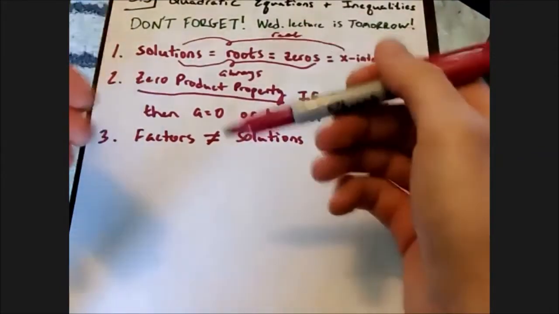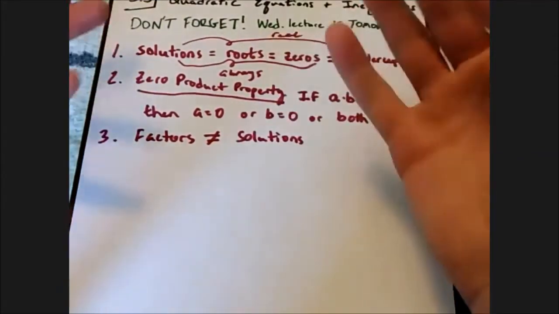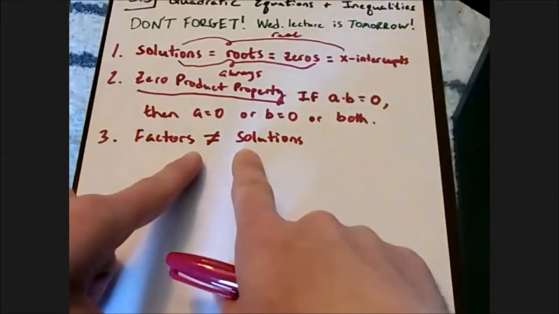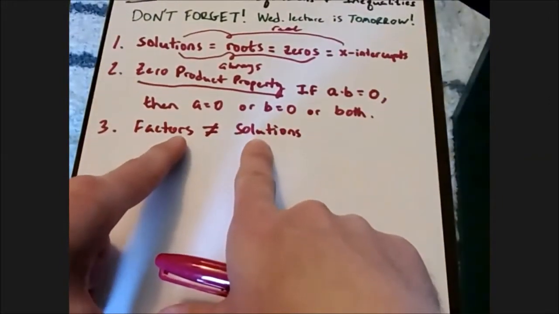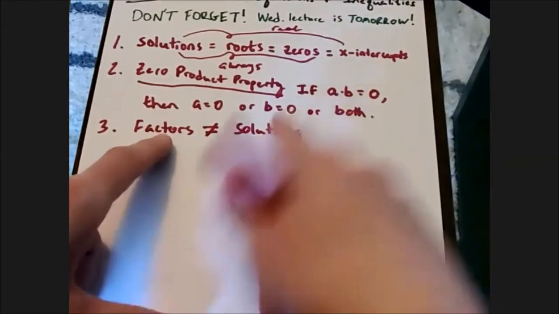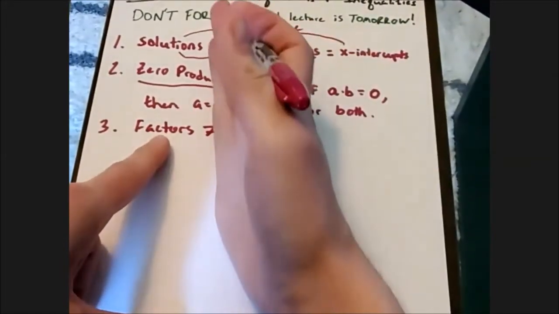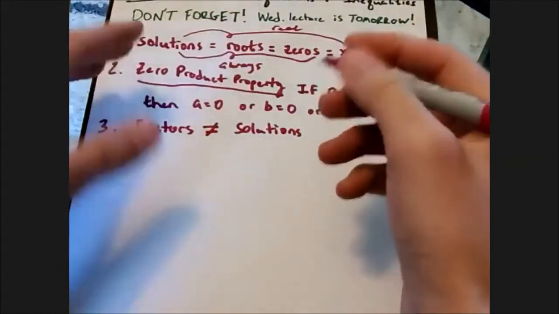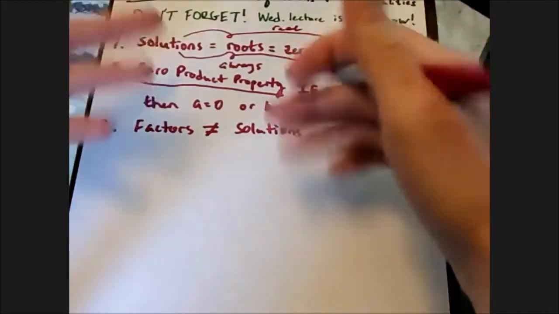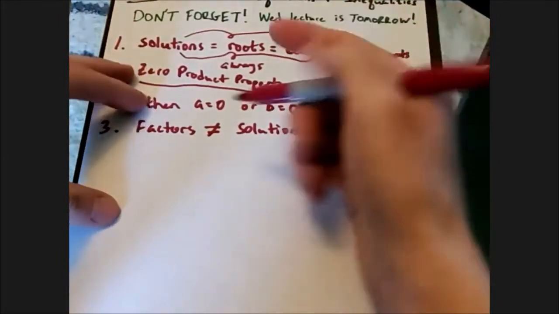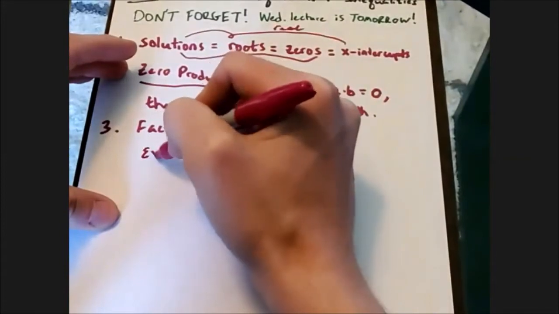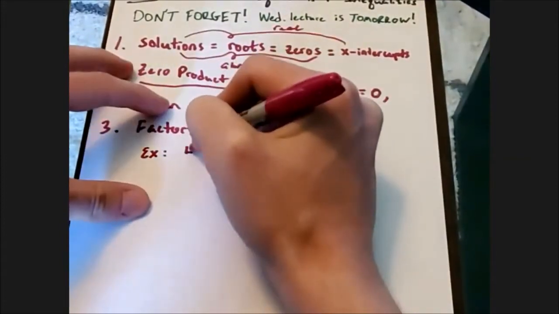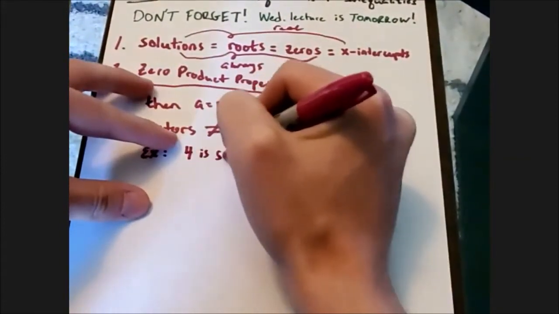It's because they're different. Now, why they get confused so often is there's a relationship between these two things. And we need to know that relationship, but we've got to make sure we can differentiate between the two. And I'm going to give you just a quick couple examples here of the relationship. So, for example, let's say 4 is a solution.